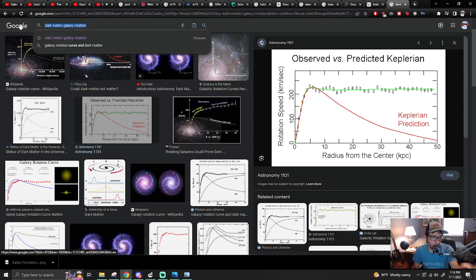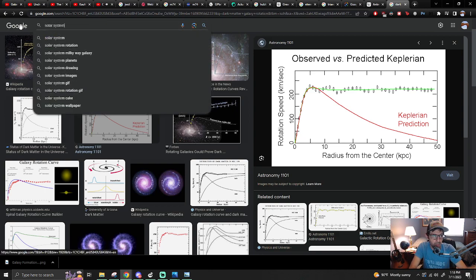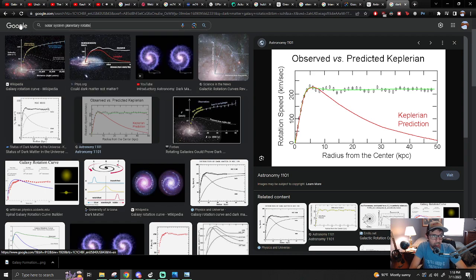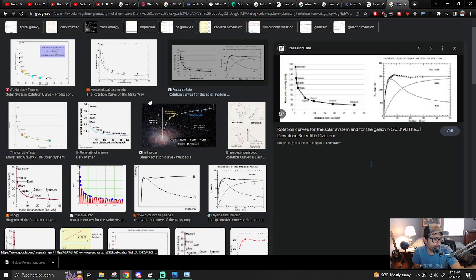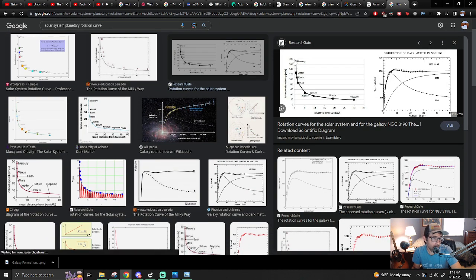Because if we look at a solar system planetary rotation curve, something of this nature, they tend to start out very fast closer to the sun, but then at some point they just pretty much flatline. So my thought is maybe they pretty much just flatline. I don't know why exactly it would be different in this regard, nearer.